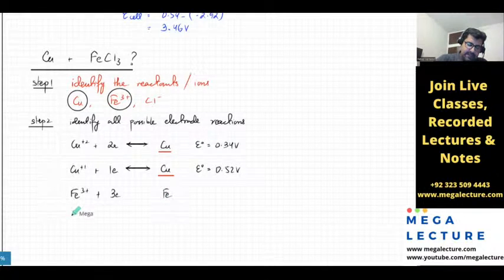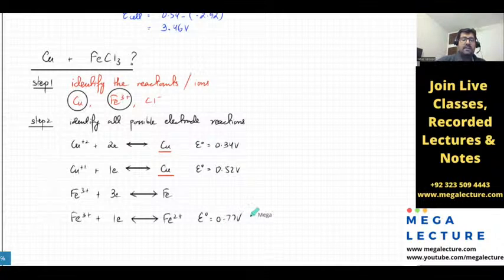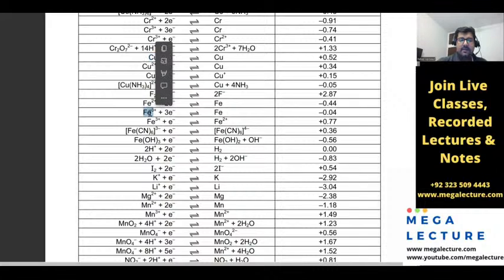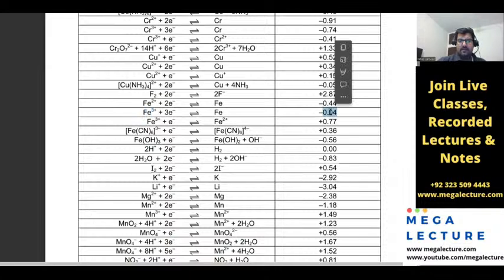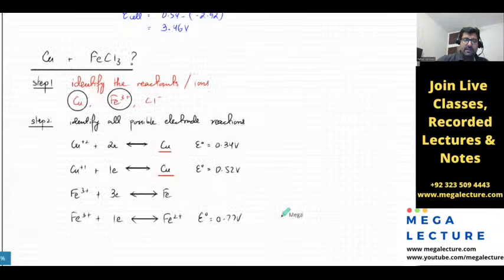The other one is Fe3 plus gaining just 1 electron to form Fe2 plus. This one is 0.77, and for the other one, I don't remember, it's minus 0.04.